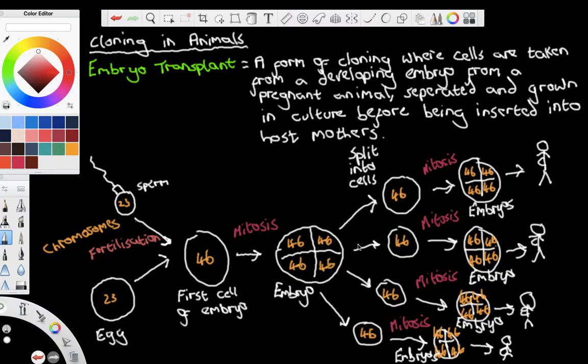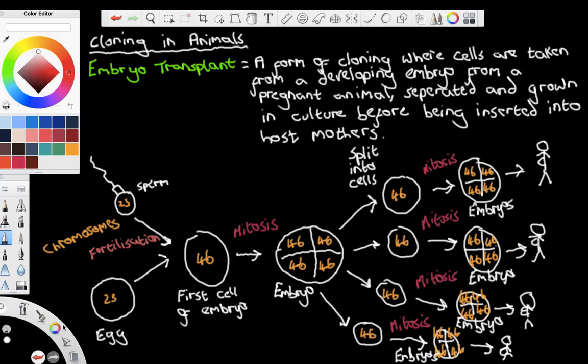You then take the embryo out of the mother cow that's pregnant. You look at their genes to see if they each have the gene for creating lots of milk. You would then separate them. You would allow them to develop into embryos and you would put them in surrogate mothers. So rather than just getting one baby cow that produces lots of milk, you're now getting 4. And all 4 of these babies are identical because they share the same DNA.